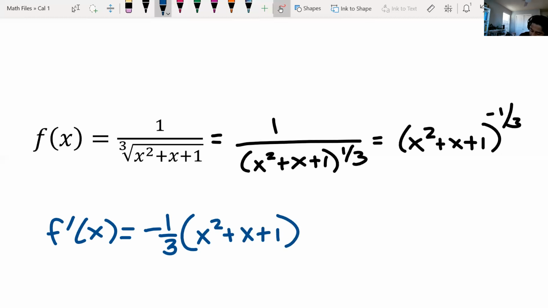The inside one stays the same to the what power? Well, you take one away from negative 1/3, right? So negative 1/3 minus 1 would be negative 4/3. There you go. Negative 4/3 times what?